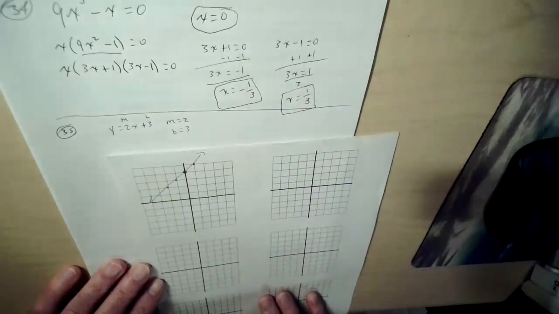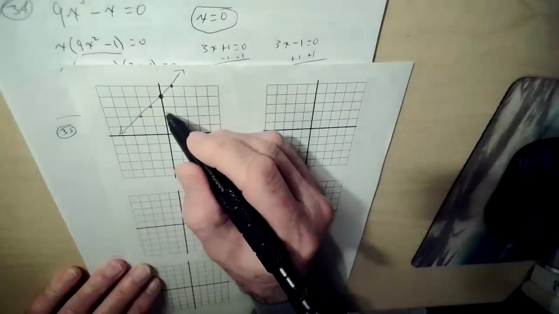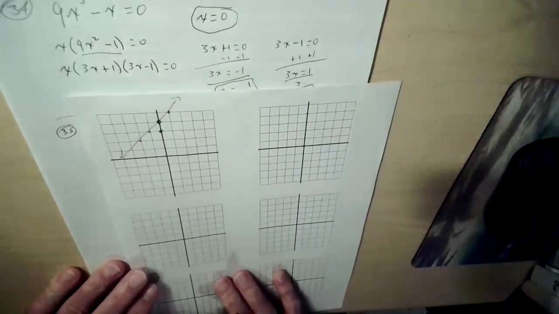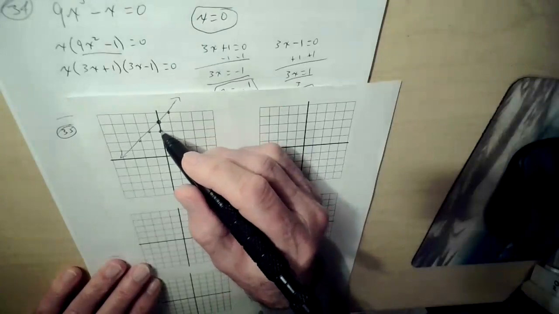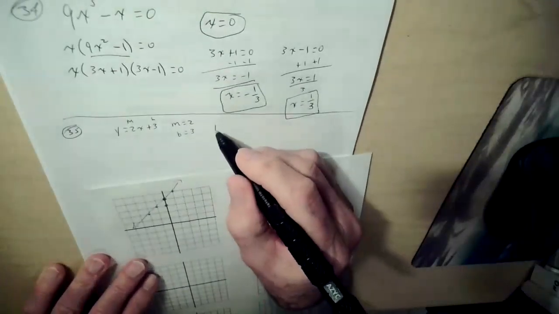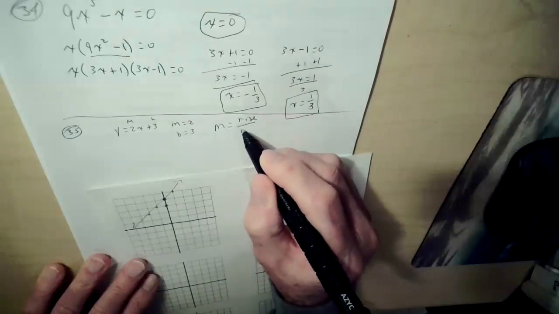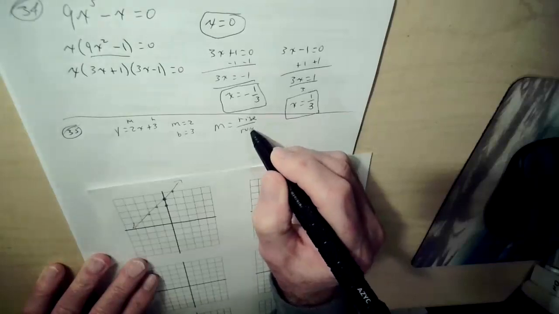Okay, now here our slope is 2, mx plus b, and our y-intercept is 3. So our y-intercept is 1, 2, 3, and our slope is 2. Now slope, remember, is rise over run.